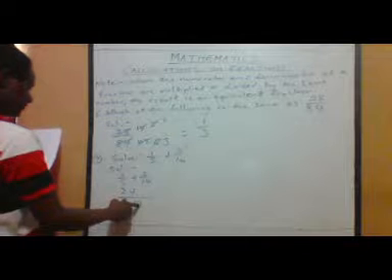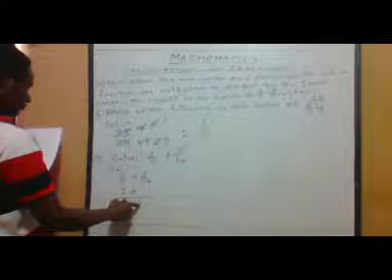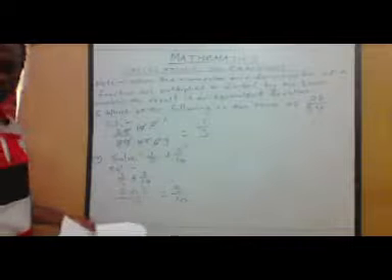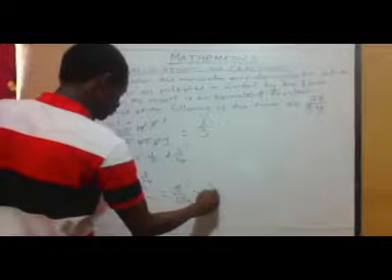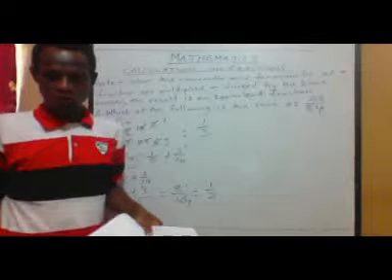Find the LCM. The LCM of 5 and 10 is 10. 5 in 10, 2 times 1, 2, plus 10 in 10, 1 times 3, 3. So I have 2 plus 3, 5/10. You have to take it to the simplest form, which will now be 5 here 1, 5 here 2, 1/2. When we come back, we'll continue from here.